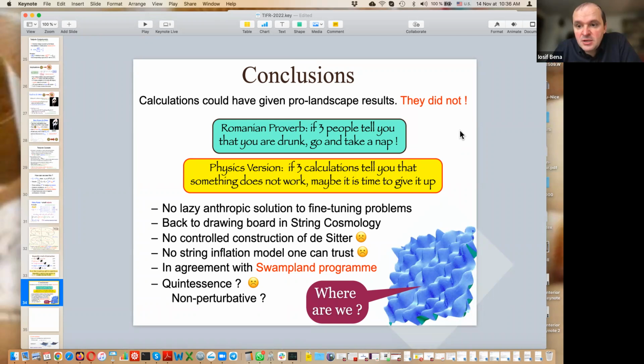But I think if you have a classical solution, so at least, if the Denef-Douglas calculation gave us 10 to the 500 classical vacua, which all have classically stabilized moduli, I don't care about loops. I mean, loops are going to give me some result. If I had gotten 10 to the 500 stabilized moduli, you have to care about loops, because there is not a parametric control on how small g string can be made.